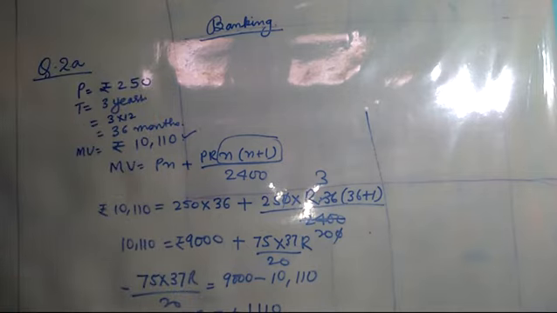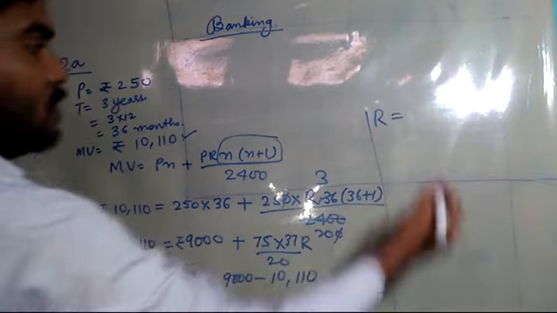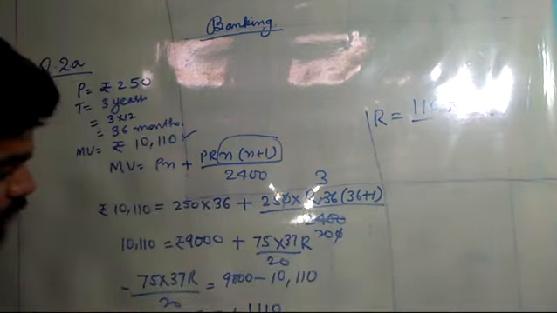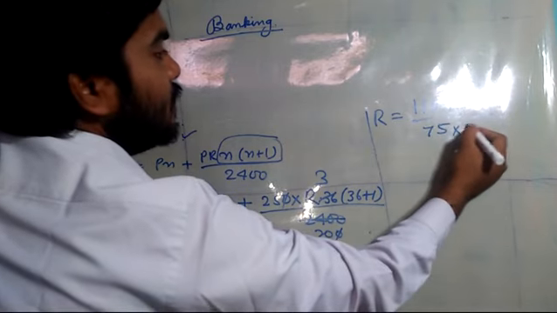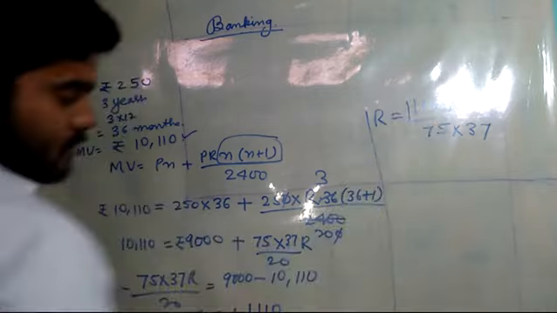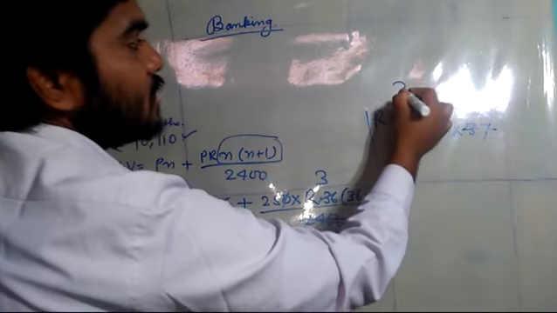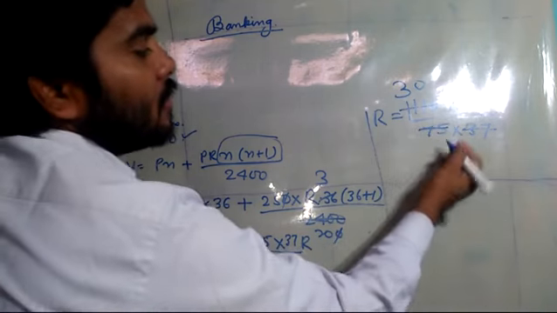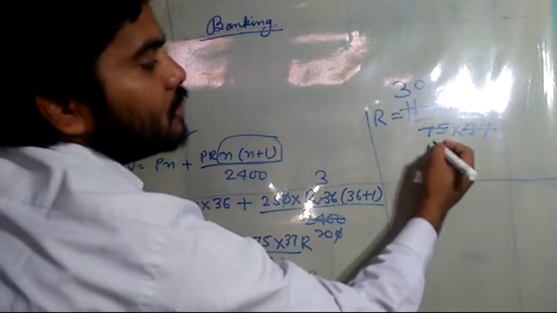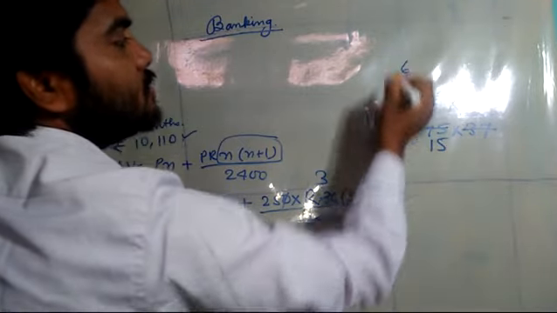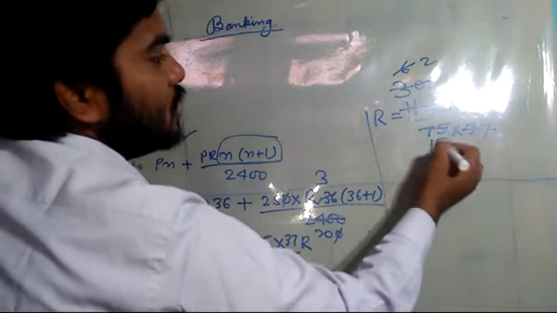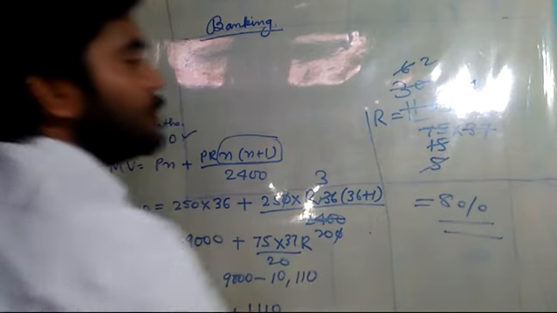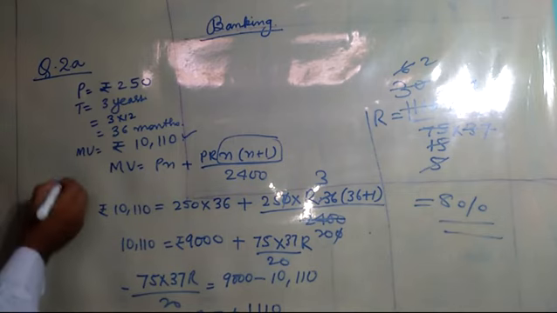So here you will get R is equal to 1110 into 20 after cross multiplication by 75 into 37. 37 threes is equal to 1110. Then you have 15s and then 5 6 then 3 2s 3 5s 5 4s. That means R will be equal to 8%. This is our first part.